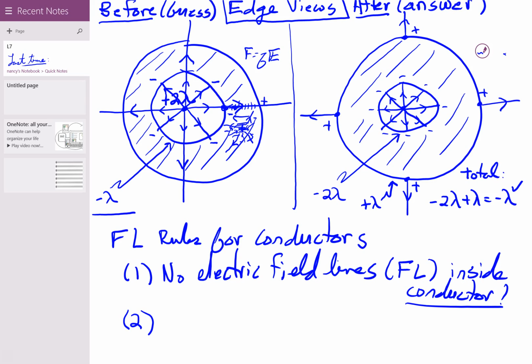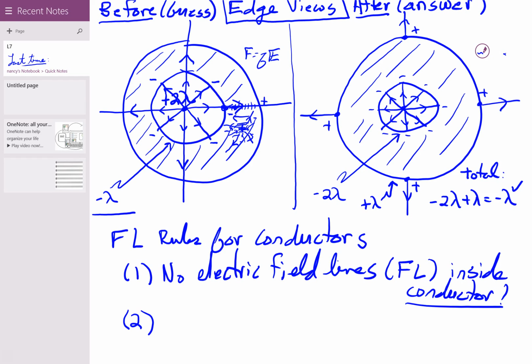We thought about what would happen if the positive charges left over from the motion of the negative charges ended up inside my conductor, but we realized that would imply the presence again of electric field lines in there. The only way to avoid electric field lines inside that conducting region is to make sure that none of the charges end up inside the conductor uncompensated.